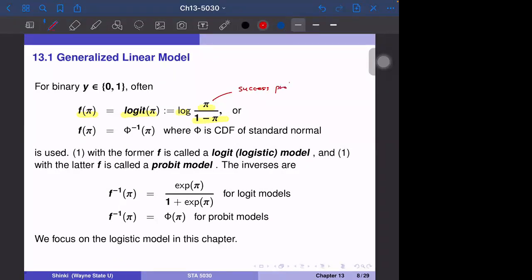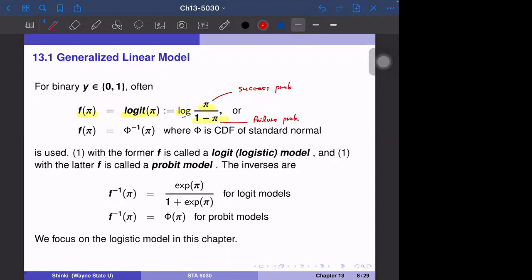So 1 minus pi is the failure probability. The ratio of success to failure is called the odds ratio, so this is the log of the odds ratio. So f of pi is often assumed to be this.